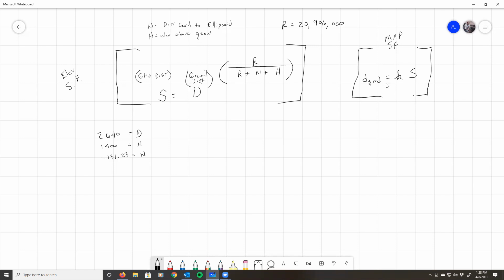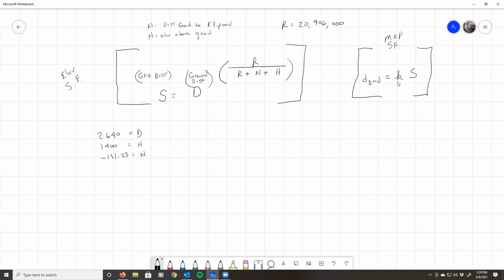This has to do with where you are on the projection. If you're more towards the center of the projection, then you're going to have a smaller K value. If you're on the outer edges, your K value is going to be above 1.